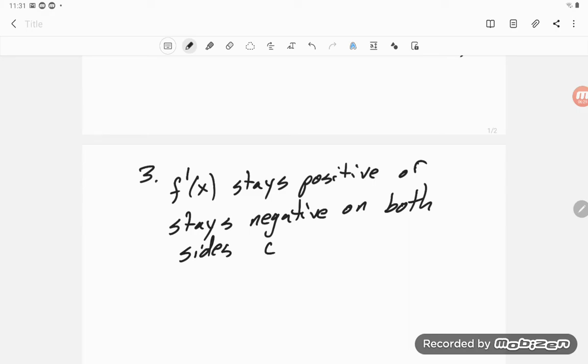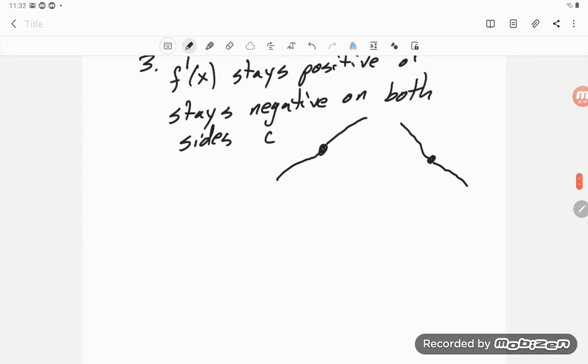In which case, if it stays positive on both sides, it's increasing, hits C, and then continues to increase, or if negative, it's decreasing, hits C, f of C, and continues to decrease.